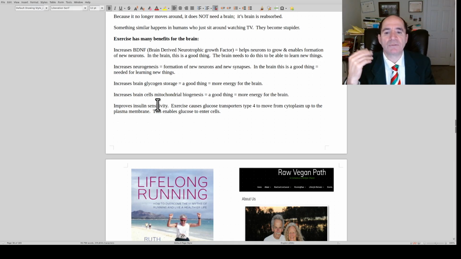It increases brain cells' mitochondrial biogenesis, making more mitochondria so they can produce more ATP. This is all good. Imagine if you had Parkinson's disease. You would want this. It's one of the best things you can do for your brain. Also having intelligent conversations, all of that stuff helps. It also facilitates glucose getting into the brain cells, which is what you want.